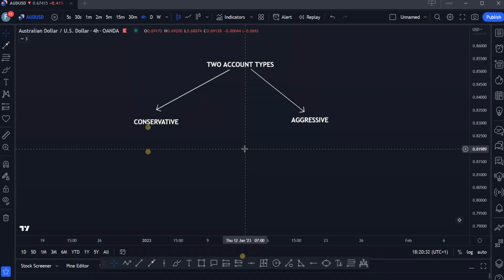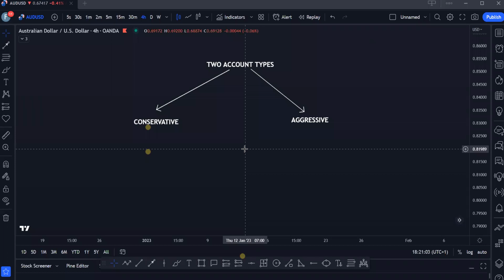Now, the mistake that most people make is that you have just one trading account with the broker. And on that same account, you are trying to be conservative and aggressive at the same time, not knowing that it takes a different mindset or psychology to trade both accounts. Trading a conservative account requires a different mindset from trading an aggressive account.